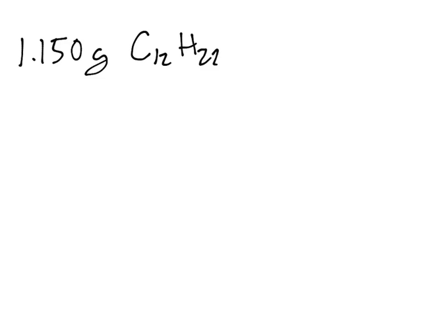So this problem says 1.15 grams of sucrose, C12H22O11, goes through combustion in a bomb calorimeter. So that's telling us already it's a constant volume calorimeter.